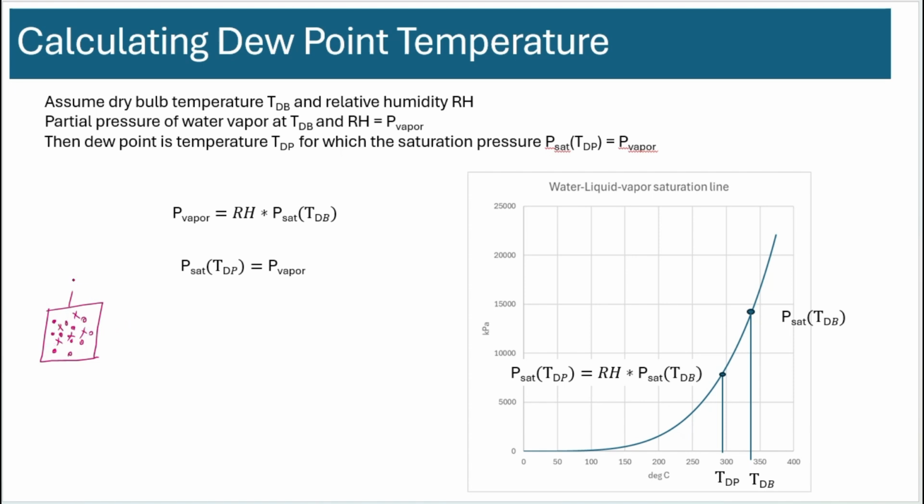Now it's at a particular dry bulb condition, T dry bulb, and also a particular total pressure, P total. Now assume that the water vapor is at a pressure P vapor. How do we find the dew point, or the point where it will start condensing?